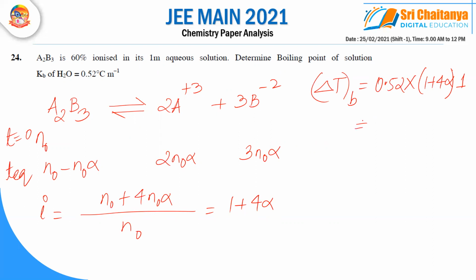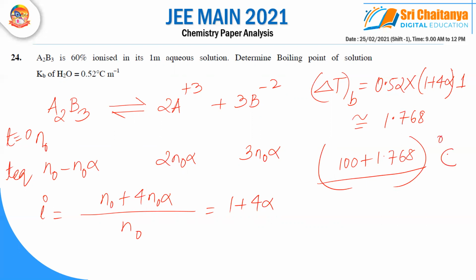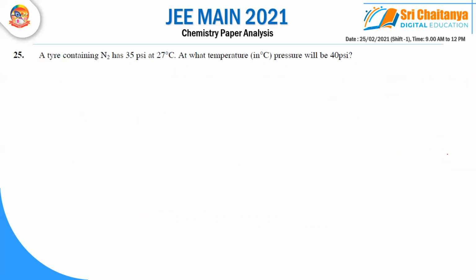Alpha is 60%, so it is 0.6. 0.6 into 4 is 2.4. This will be 3.4, so that will come roughly around 1.768. So we know the boiling point elevation of the solution. Water boils at 100 degrees. So what will be the boiling point of this solution? 100 plus 1.768 degrees centigrade.